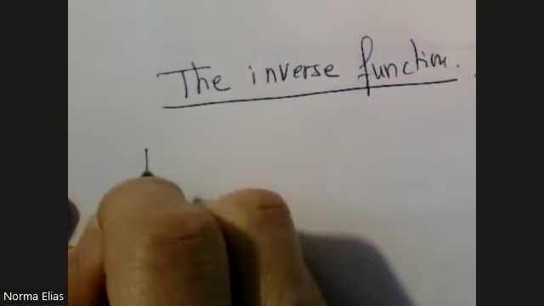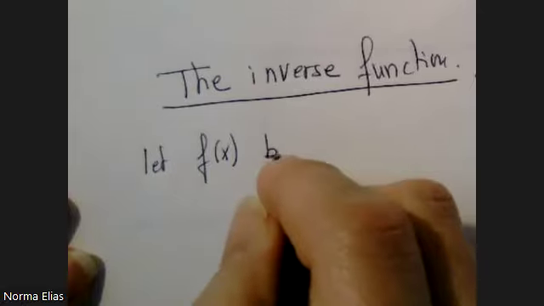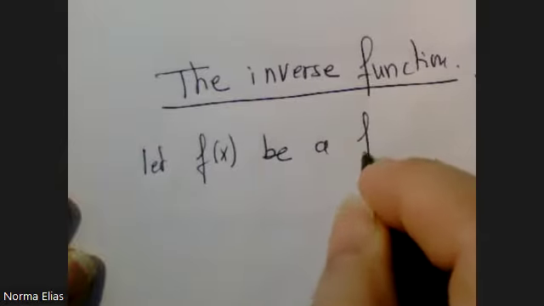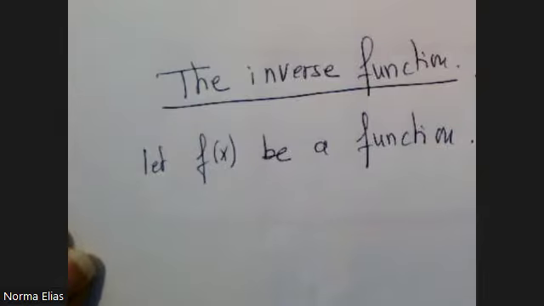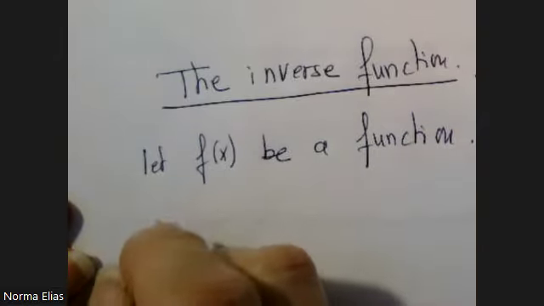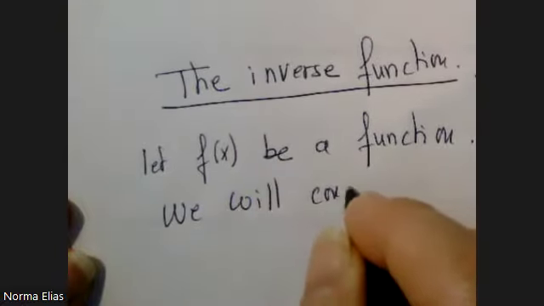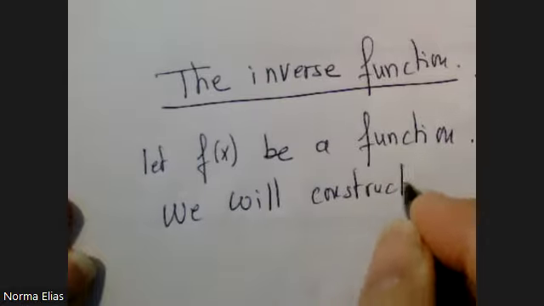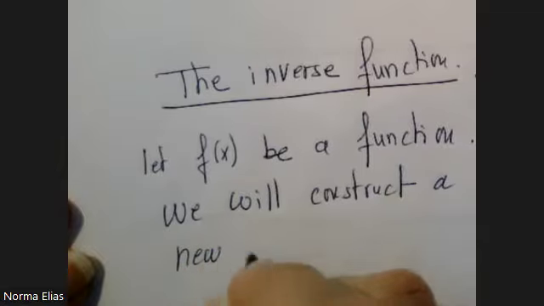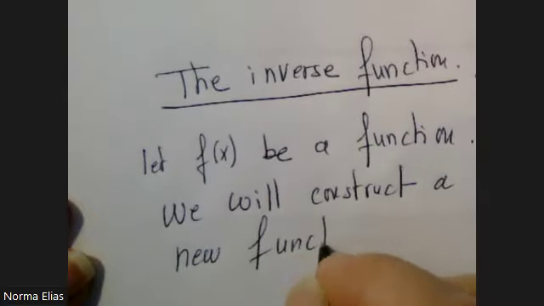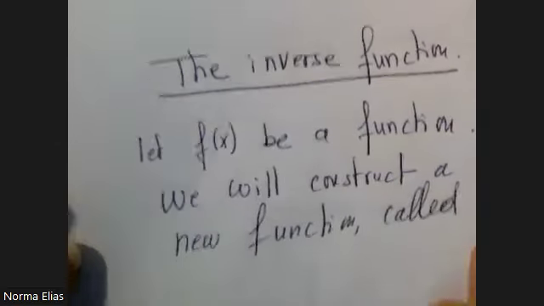All right, so suppose I have a function f of x. Let f of x be a function. Then we are going to construct a new function called the inverse of f.